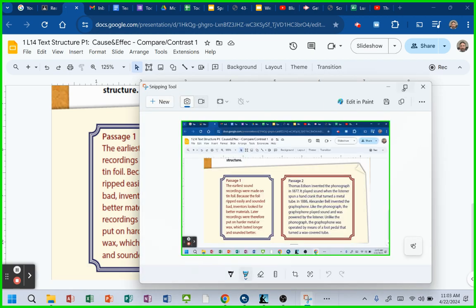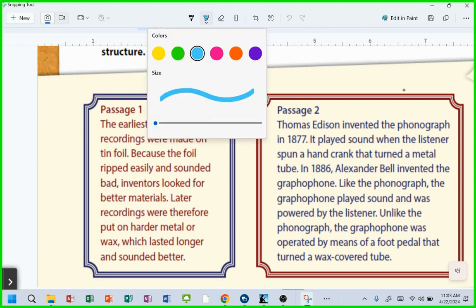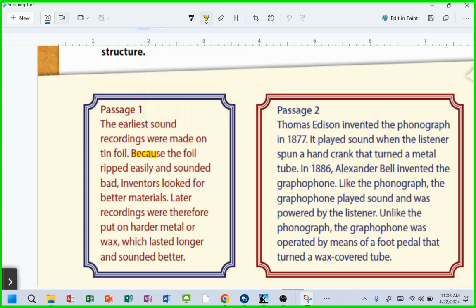So here we go. It says the earliest sound recordings were made on tin foil because, oh, you found one right there. Because the tin foil ripped easily and sounded bad, inventors looked for better materials.